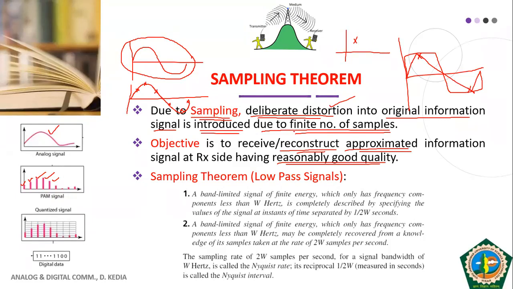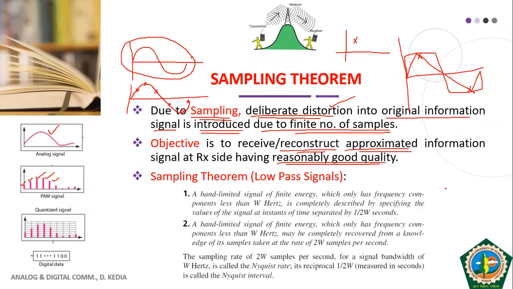So that's why, even though I am considering finite number of samples, I will have to take care that the number of samples should be sufficient enough so that I can reconstruct that signal at the receiver side with reasonably good quality. Okay, so sampling never says that you take minimum number of samples.